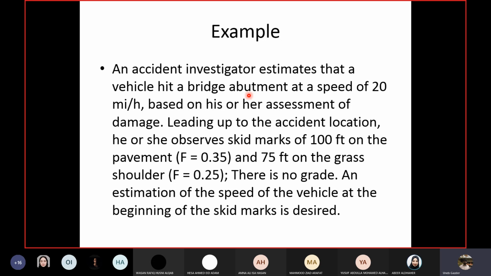Leading up to the accident location where the vehicle hit the abutment, they found skid marks on the road. What are skid marks? They are black marks created by the tires when you press the brakes to the full extent, to the very bottom of the floor.